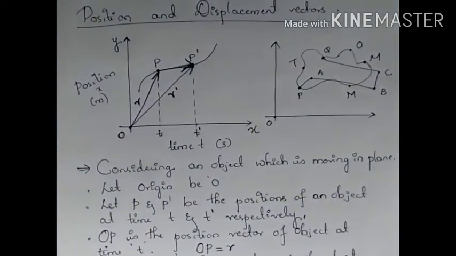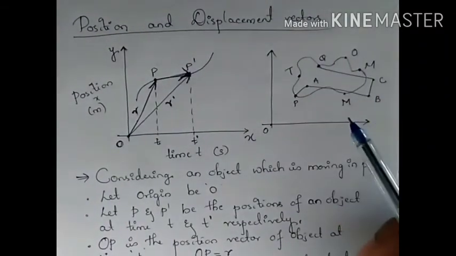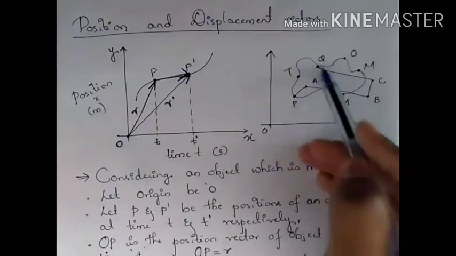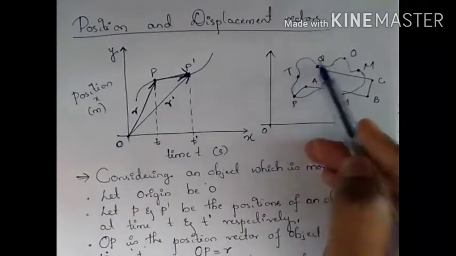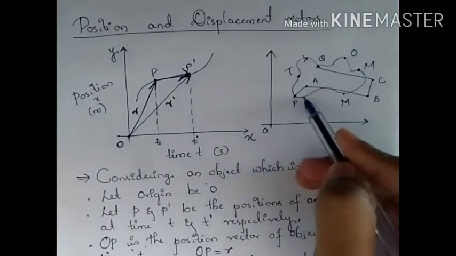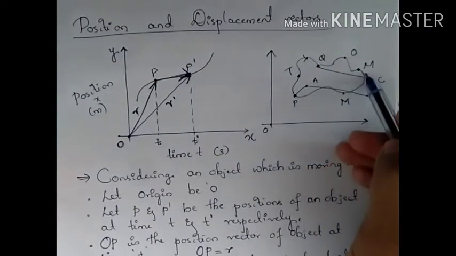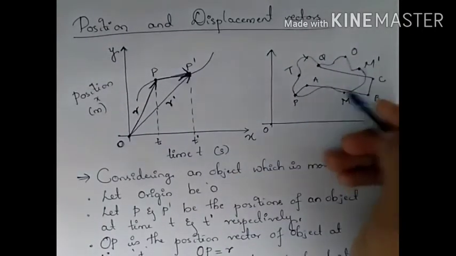So to reach from point P to Q, the object takes 3 different paths. First it can go from P, T, Q, or it can also take this path P, M, M prime, O, Q. So let us call this M prime.